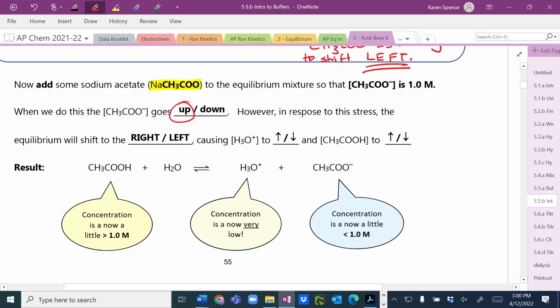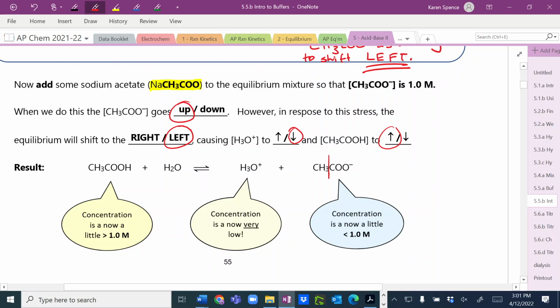In response to this stress, the equilibrium will shift to the left, causing H+ to do what? Decrease. And CH3COO- to increase. Right, because we're shifting to the left.